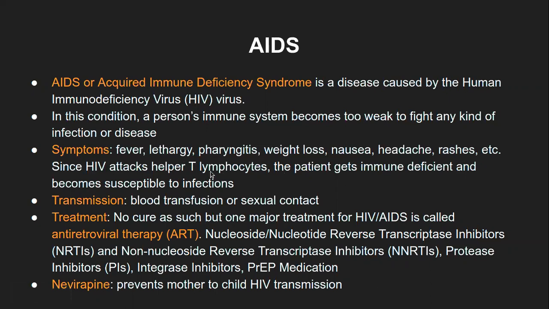This virus will multiply inside the T lymphocyte and break it open, so very few T lymphocytes are left. Obviously the immune system of the body becomes deficient, and ultimately the person becomes susceptible to various infections.